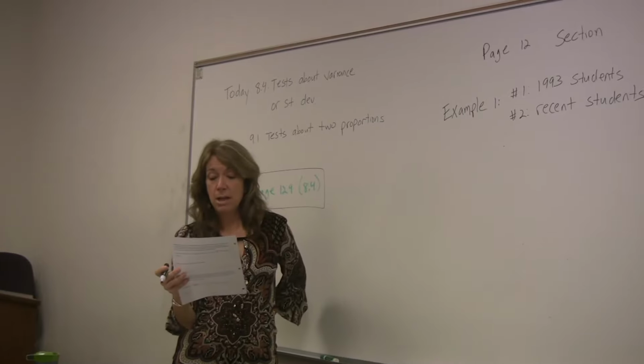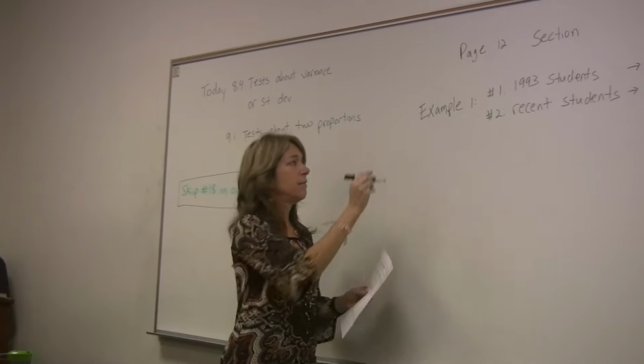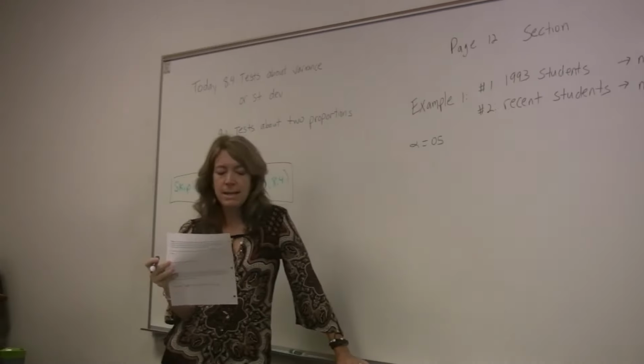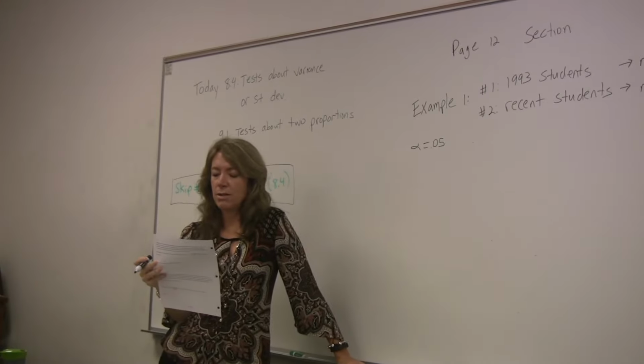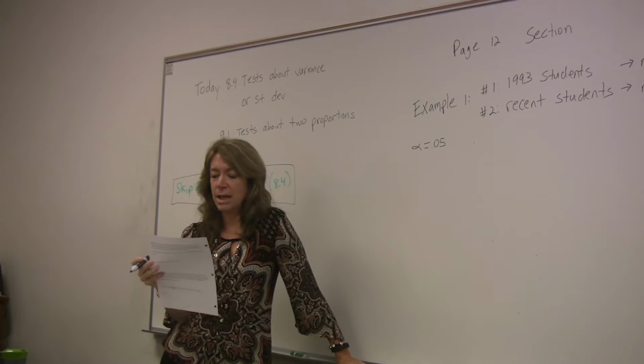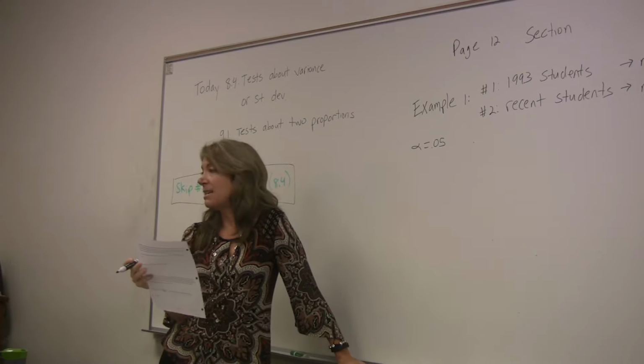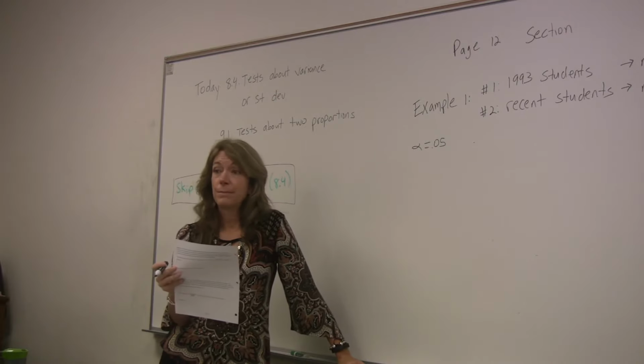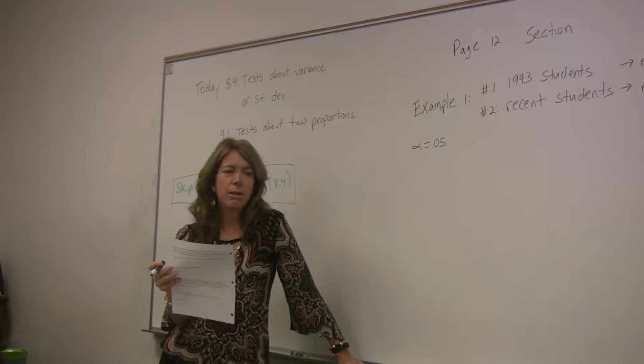The question says, use a 0.05 significance level to test the claim that the proportion of college students using illegal drugs in 1993 is less than it is now. How do I write the proportion? What letter do I use?